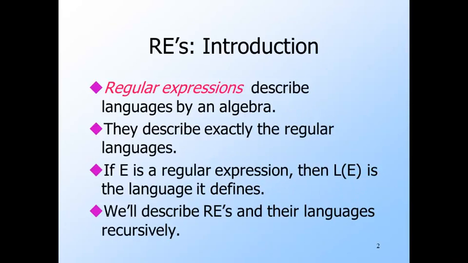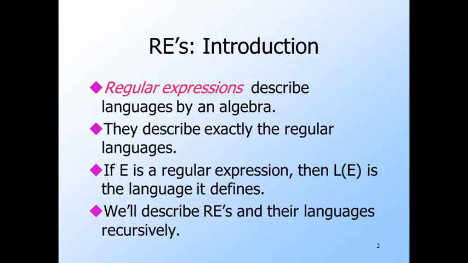The algebra you are most familiar with is probably arithmetic, using operators plus and times and operating on numbers. The regular expression algebra operates on languages, and it has three specialized operators. Regular expressions, like algebraic expressions, are built up by applying these operators to operands. So, regular expressions describe languages by an algebra, and they, as I said, describe exactly the regular languages.